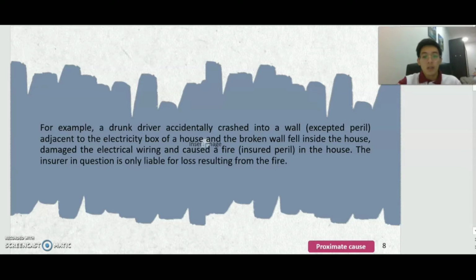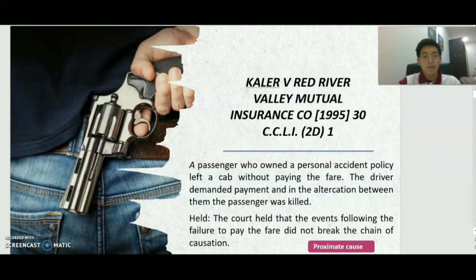In this example, the insured bought a fire policy, so if there is any fire, it will be covered. So the insurer is only liable for loss resulting from the fire instead of the wall, because it is not covered in the policy between the insurer and the insured.